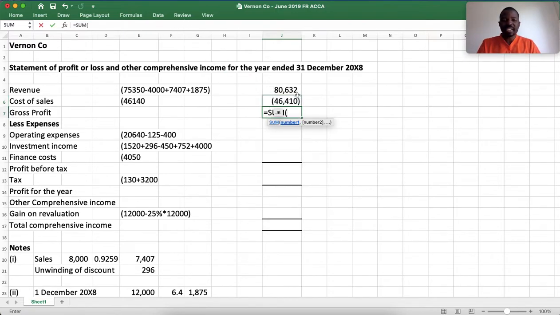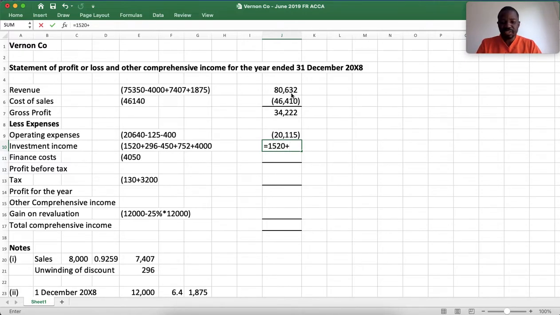Then we calculate our gross profit. Operating expenses, we have got 20,640, of which we have to subtract from that figure 125 and 400. Then our investment income, it's an income, it's 1520.